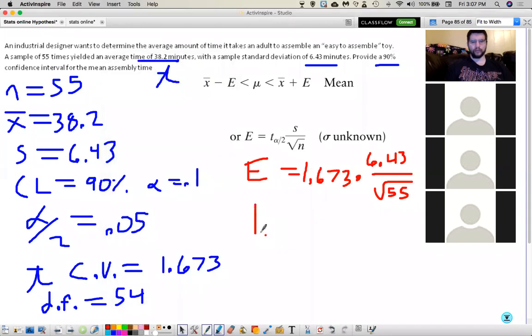Why not? And again, we're going to round our final answer to the same place as X bar. So these extra decimals aren't going to make too terribly much of a difference. So 38.2, so we're going to round to the 10th place as the final answer. This is E, though. We don't round back.